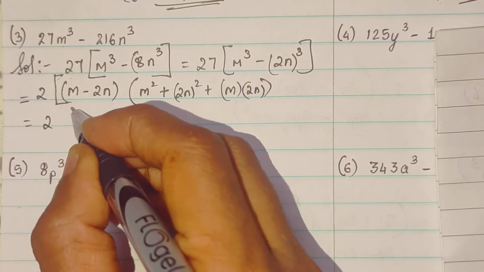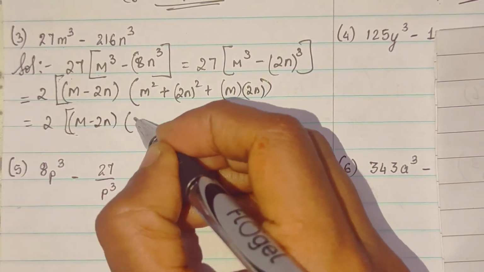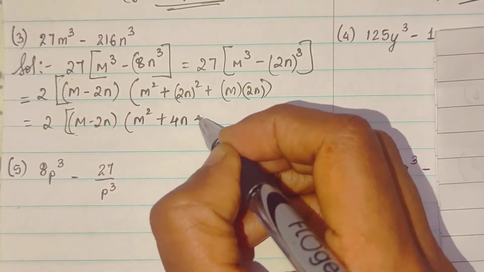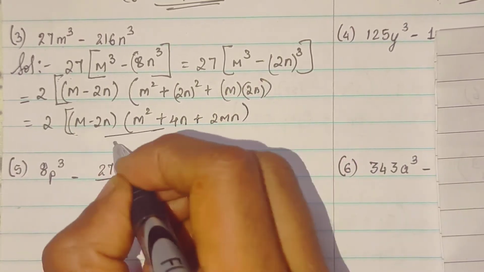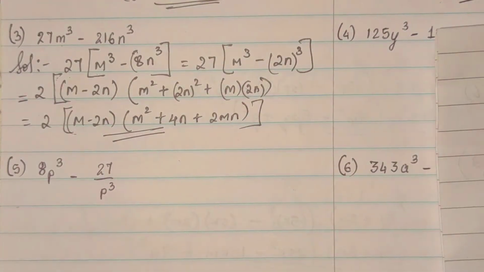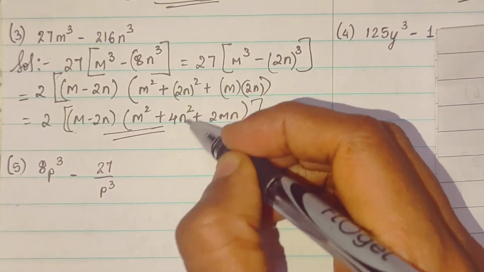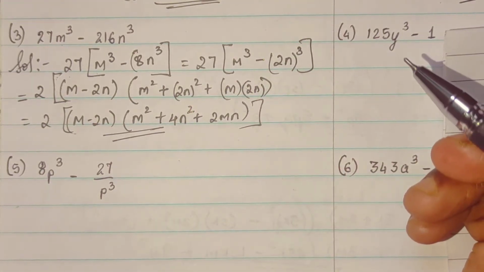So the answer will be 2m minus 2n, m square, 2 2s are 4n, 2mn. This is the answer. You have to put square, I forgot. A variable has its square.